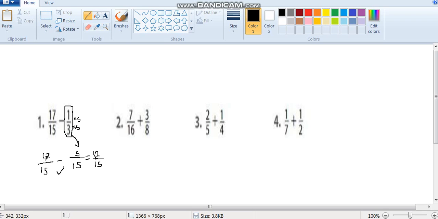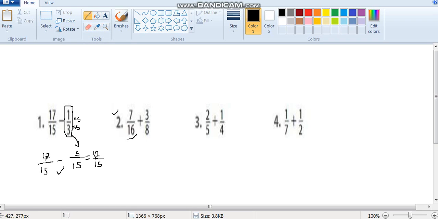12 over 15. By the same way here, question number 2, I think it's easy for you to change the 8 into 16. If you multiply up by 2 and down by 2, look here, I'll show you now. Look, I have here the problem. This is 16 and I'll make a circle here.